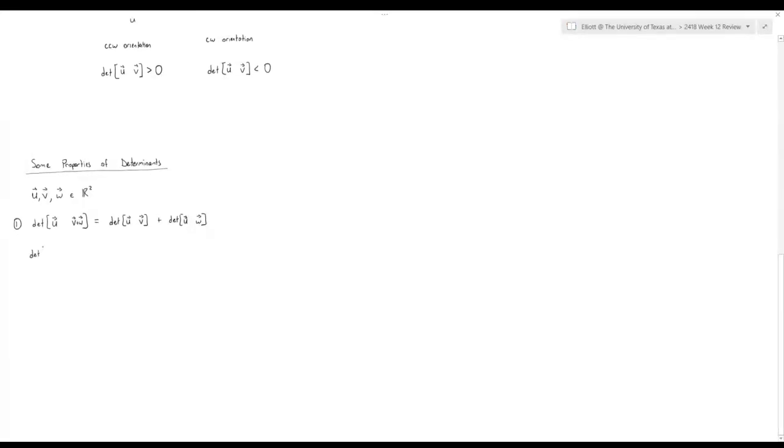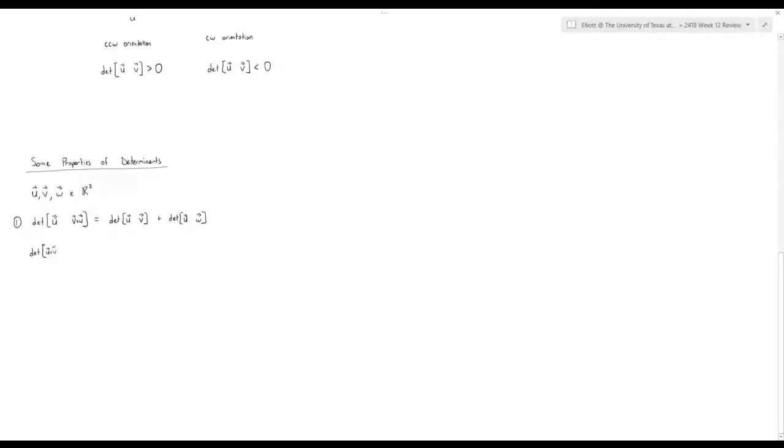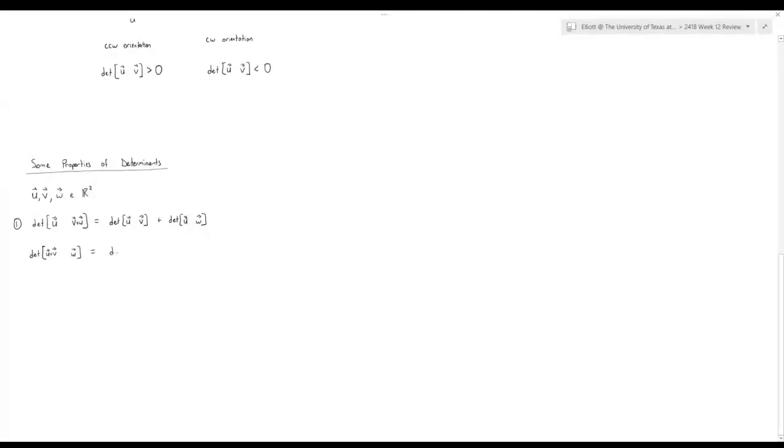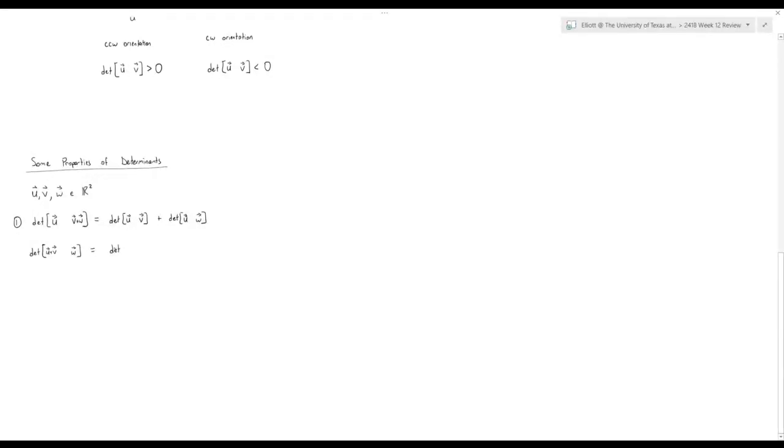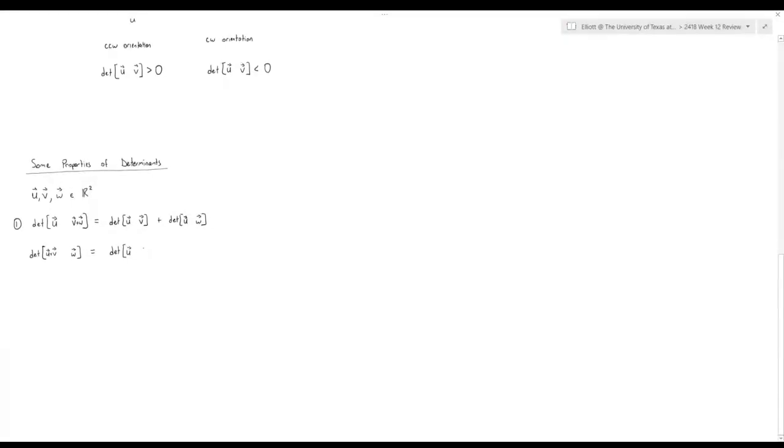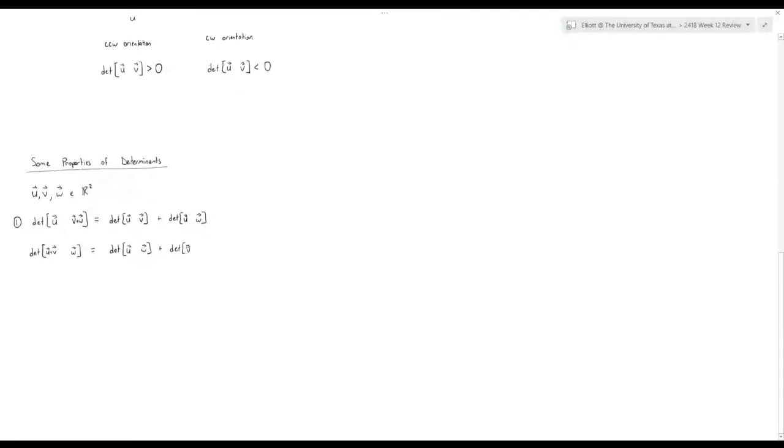Likewise, if you have a sum in the first column instead, so the first column is u plus v and the second column is w, again, you can distribute the w, if you will. So it's like u plus v times w is u times w plus v times w. Okay. All right.